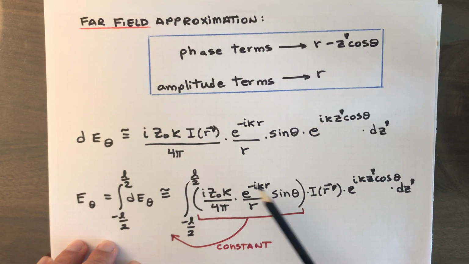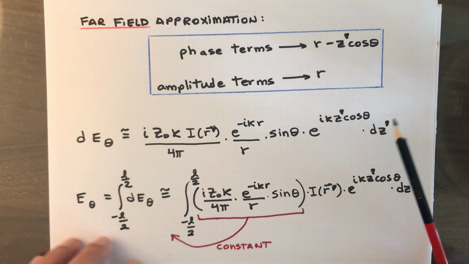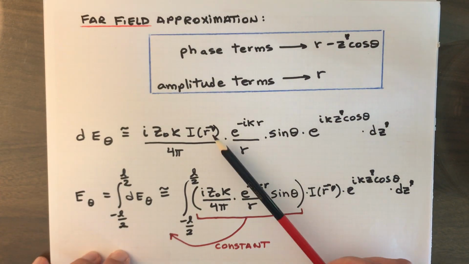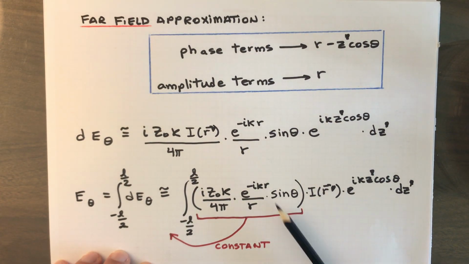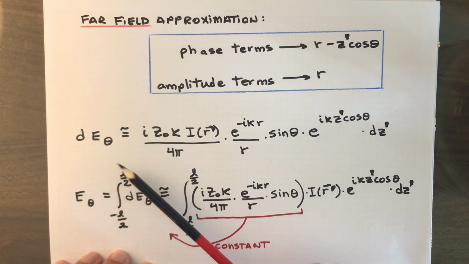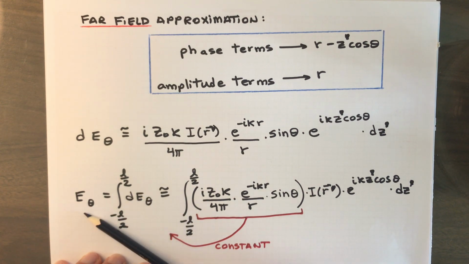So once we have this now, we can group similar terms together. Specifically, we start grouping the prime terms. Since this is an analysis with respect to z prime, we can go ahead and group the prime terms to the very back here, and all the non-prime terms go to the front. The idea being that those terms then can fall outside of this integral from minus L over 2 to L over 2 of the infinitesimal electric field elements. And that would give us our total electric field.